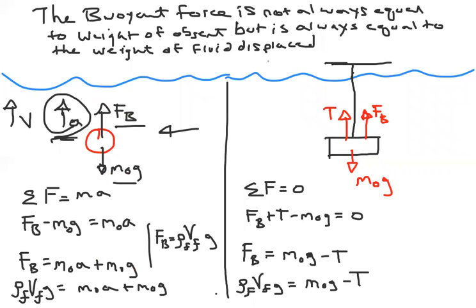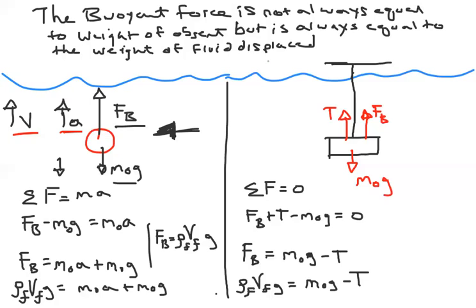Okay, so if we wanted to describe this situation in terms of the motion and relate the motion to the forces, we want to start with Newton's second law because it's speeding up, right? Displacement and acceleration are in the same direction, which means what about the buoyant force? It must be larger than the weight, right? Because it's pushing it up. It's the net force here.